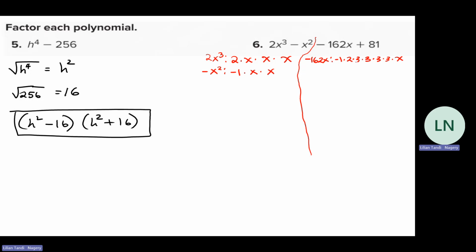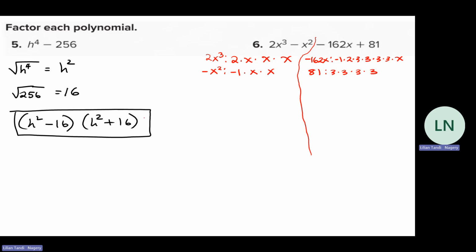How do I know I'm correct? This is the 9 times 9, which is 81. 81 times 2 is 162 times negative 1 is negative 162. Then we do 81, which will become 3 times 3 times 3 times 3.